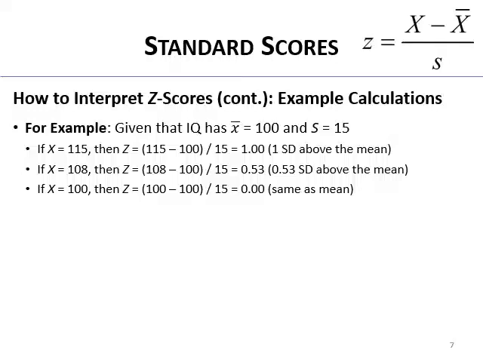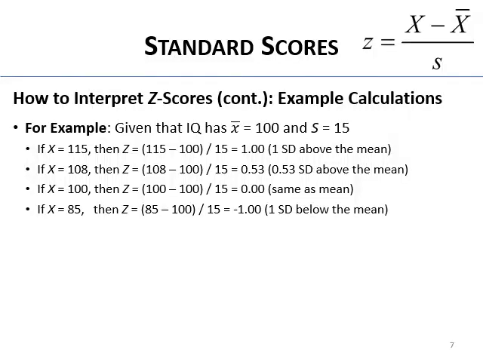Well, you would get a z-score of 0. They got exactly the average. They have exactly average intelligence. 85, if you pop it in the formula, is a z-score of -1. They're 1 standard deviation below the mean. So equidistant from 115, just below the mean instead of above the mean.